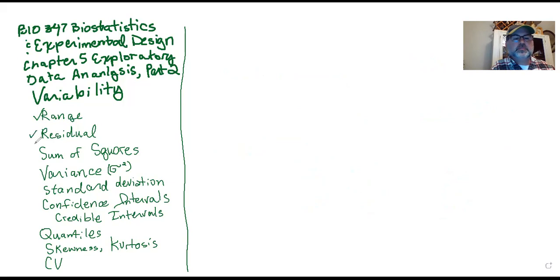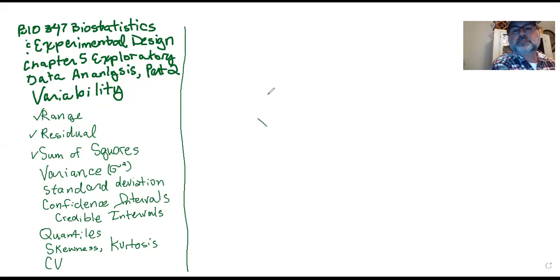All right, residuals, sums of squares, the variance. So the variance is, well, think about this. If we just took sums of squares, we're adding, right? It's additive. If we have lots of observations, it's going to be some huge number. So what the variance is doing is it's balancing and accounting for the number of samples, okay?